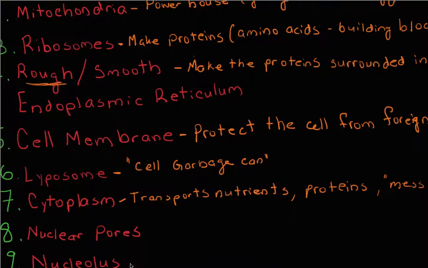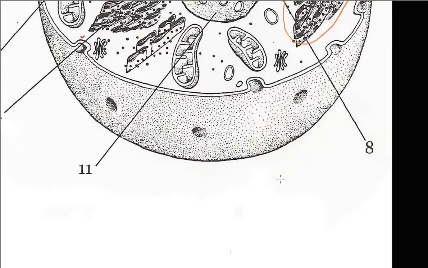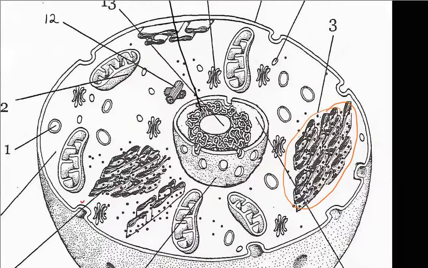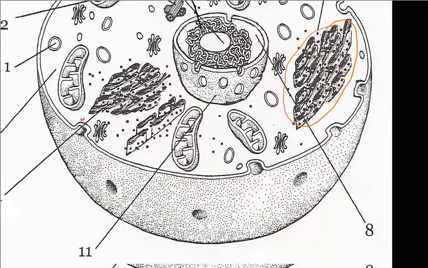All right, on to number 8. Number 8 points to this space, but it's actually one of these little holes here. These holes are called the nuclear pores. Now, I know I'm skipping ahead of myself, but there's also number 11.